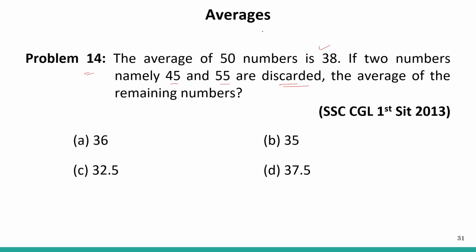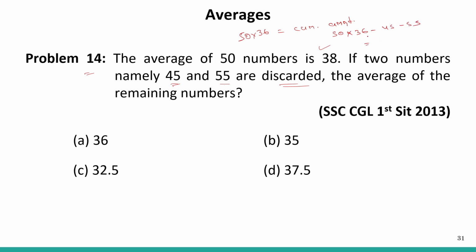So the cumulative amount will be 50 into 38. So what we do is we discard 45 and 55. By discarding these two numbers, we can do 50 into 36 minus 45 minus 55.